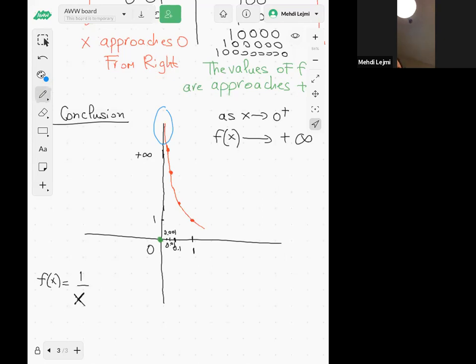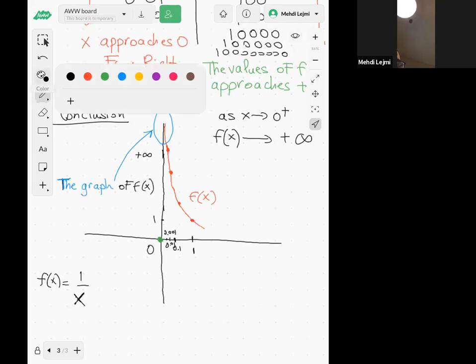So the graph never touches. This is the graph of f of x, of course. It gets very, very close to the y-axis, but it doesn't touch the y-axis, right?